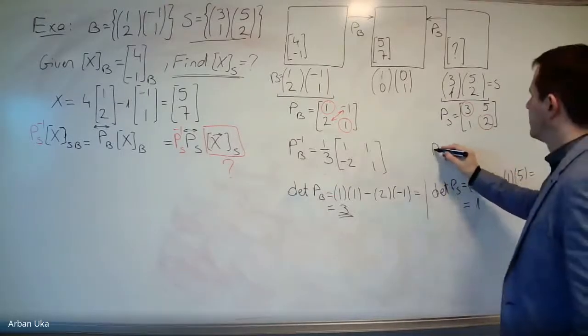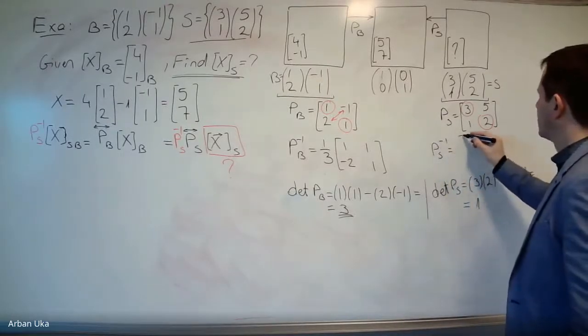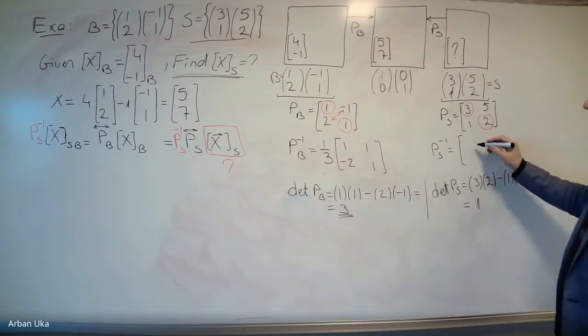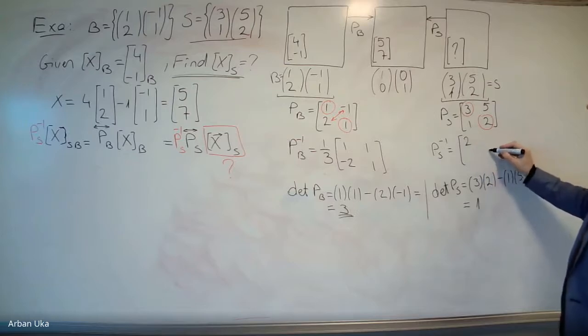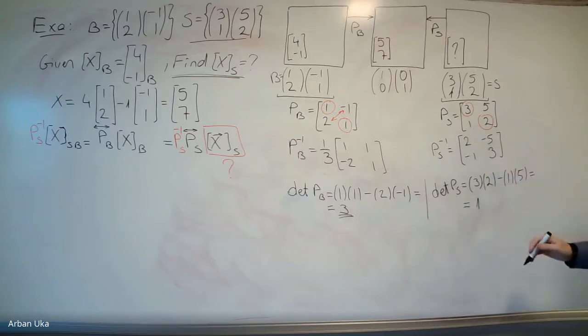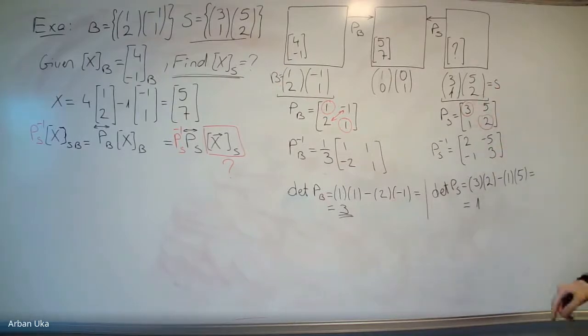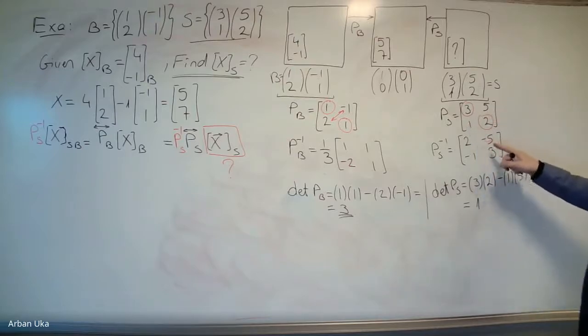So here PS inverse is equal to 1 over 1, which is 1, and then I believe we put here 2, minus 5, minus 1, 3. There is an algorithm where you just interchange these two values and put a minus sign on the other side, okay?